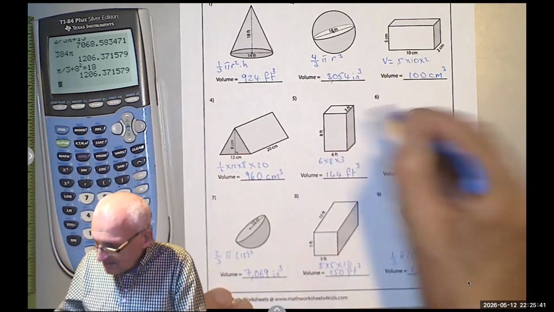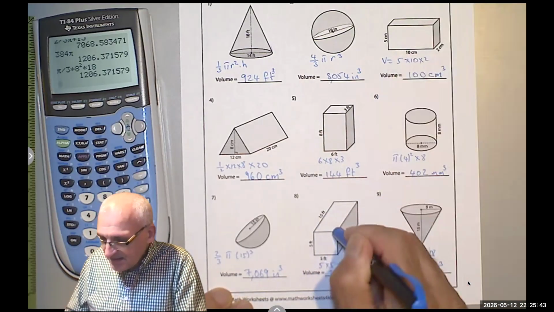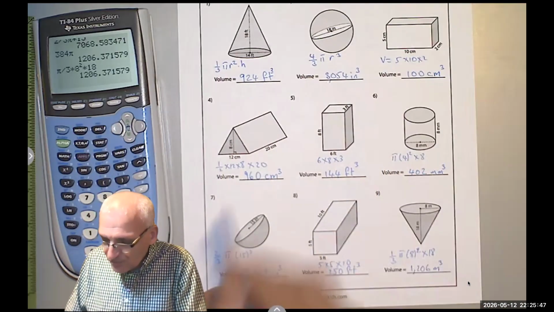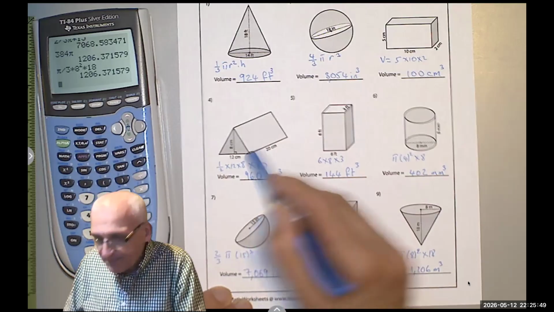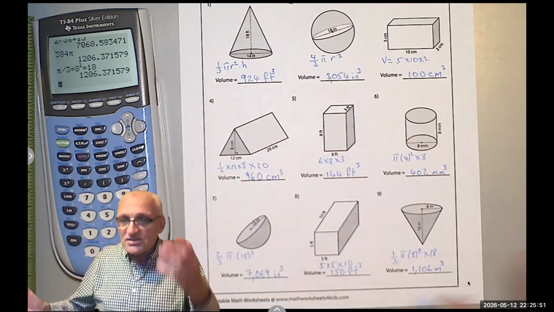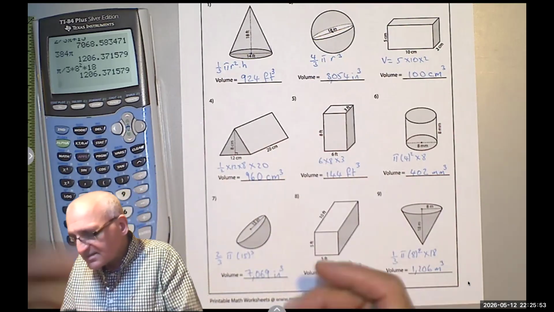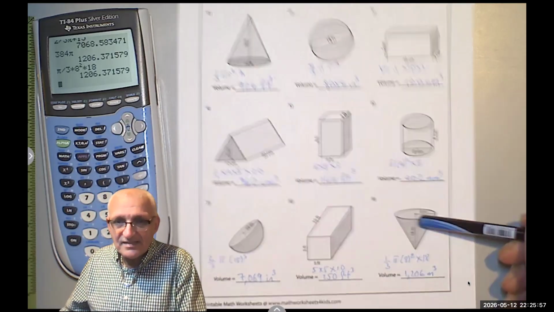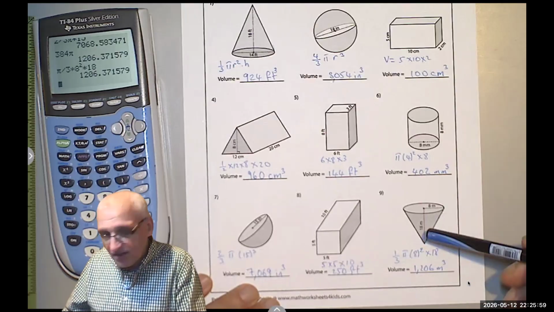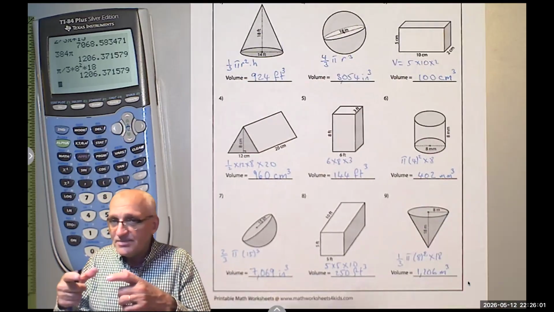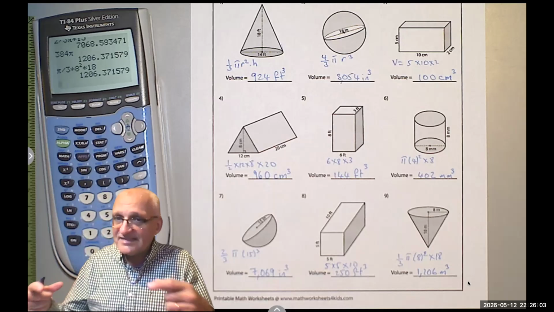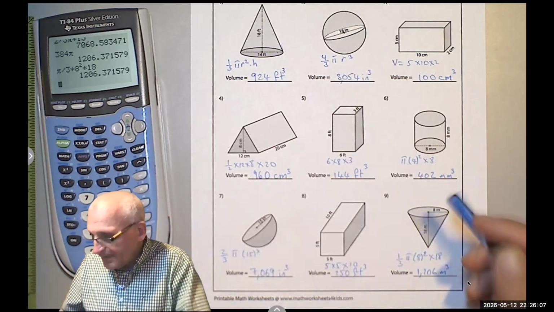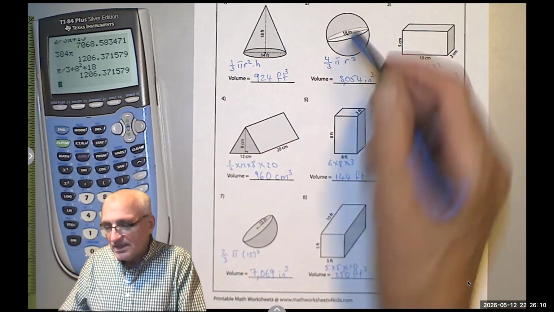For these 5 shapes, all I had to do is find the area of the base multiplied by the height. There is no reason to memorize anything. Yes, as I said, for the cone or the pyramid, which is identical, 1/3 area of base times height. The base may be a square or a rectangle or a triangle, and the sphere.